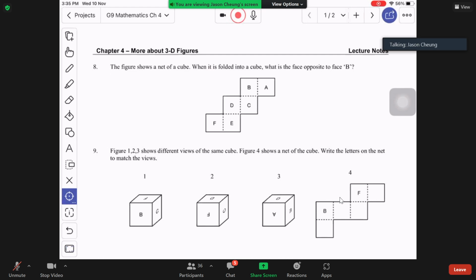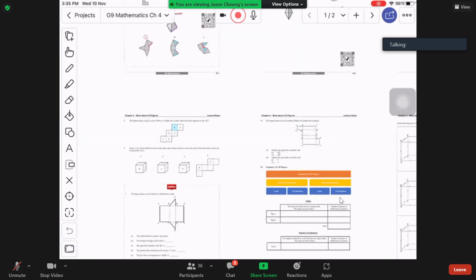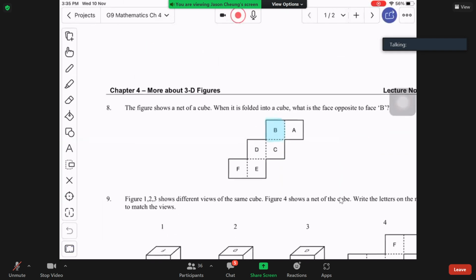All right, any answer for these questions? The opposite of B. So here, the B is here. What is the opposite of B here?